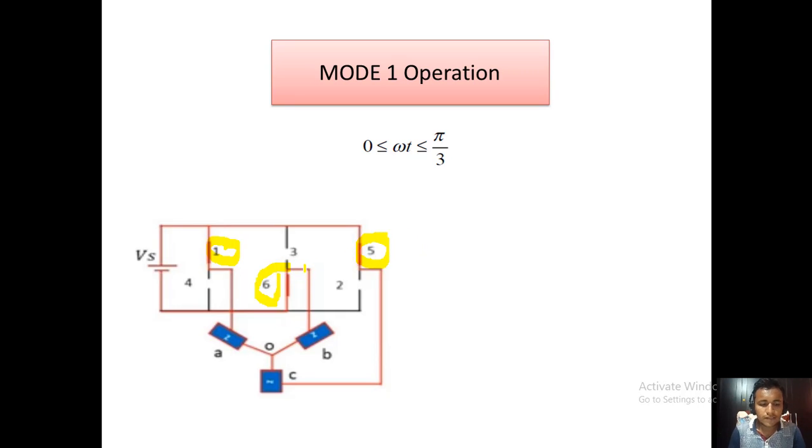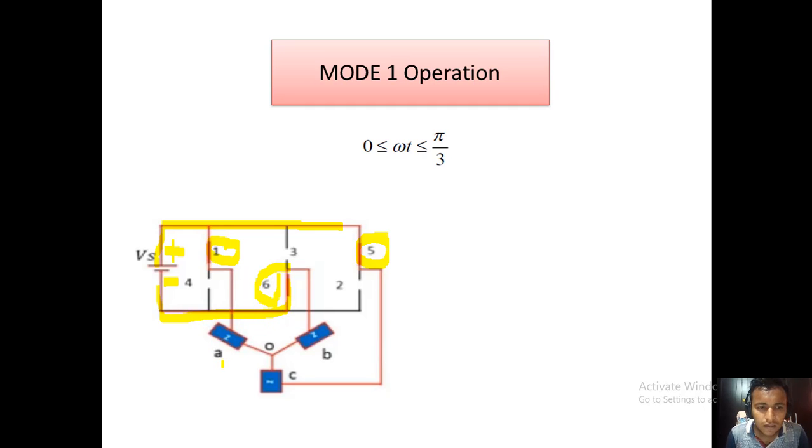So we have closed this switch, and here you can see thyristors 1 and 5 are connected to the positive terminal of the DC supply. A DC supply has two terminals, positive and negative. And 6 is connected here to the negative terminal.